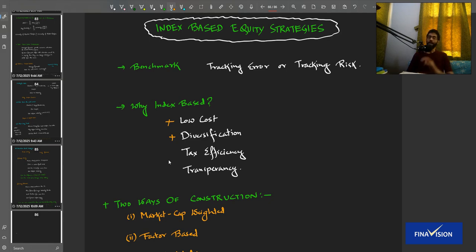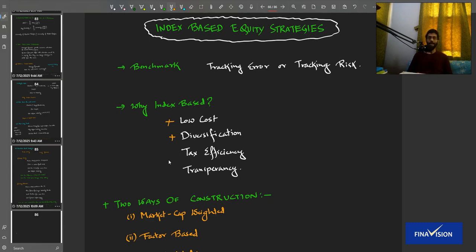It can track a large cap index, then it will be called a large cap or a blue chip kind of a portfolio. And it can also be flexi cap or multi cap, in which case multiple scales of market caps will be required, or a diversified index will be required. So diversification can be done, and the degrees of diversification can be controlled by choosing the index.